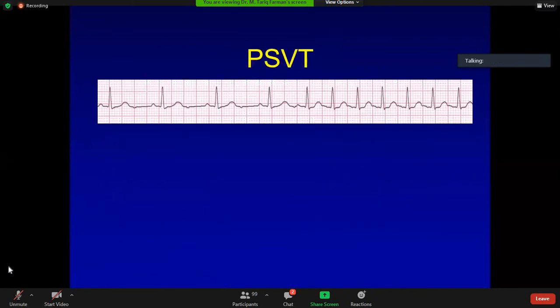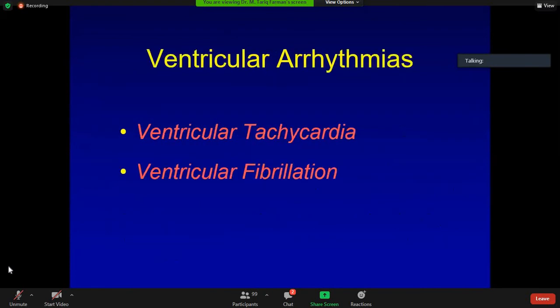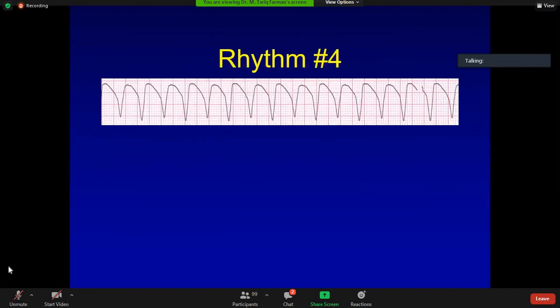Okay. Now, these two are the life-threatening arrhythmias: ventricular tachycardia and ventricular fibrillation. The QRS complexes are broad, okay, and tachycardia over here.